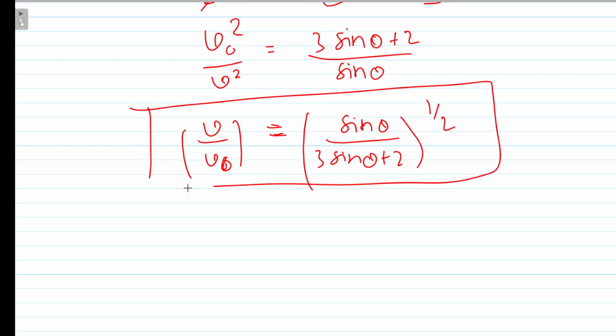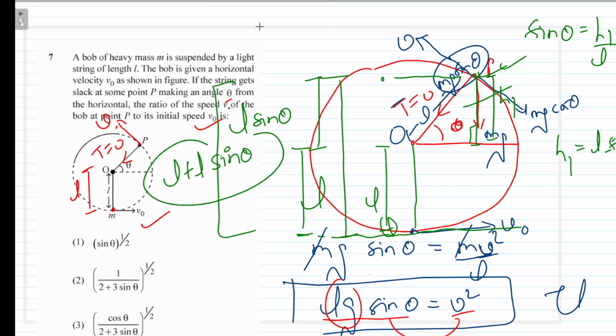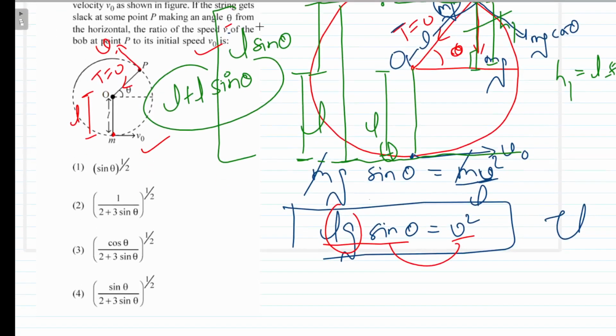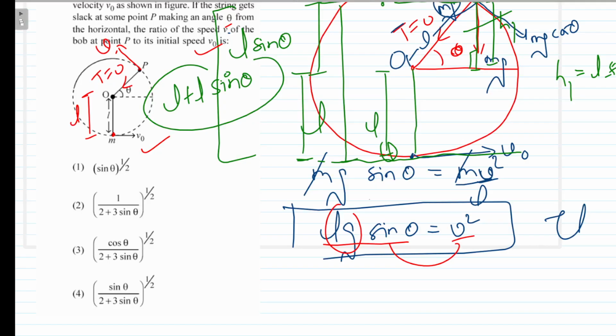So this is the required ratio, sin theta upon 3 sin theta plus 2 the whole raised power half. So here the correct option is sin theta upon 3 sin theta plus 2 raised power half. Fourth is the correct option here.